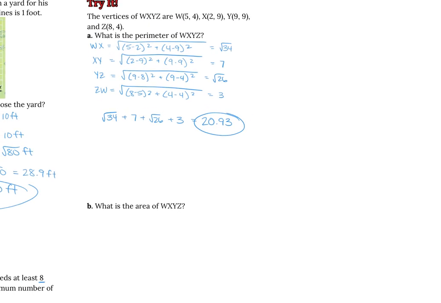All right, so I want to figure out what type of quadrilateral WXYZ is. So I'm going to kind of sketch out these points. Try that again. To get an idea of what type of quadrilateral we have.